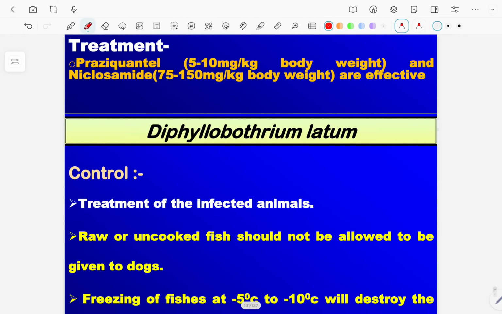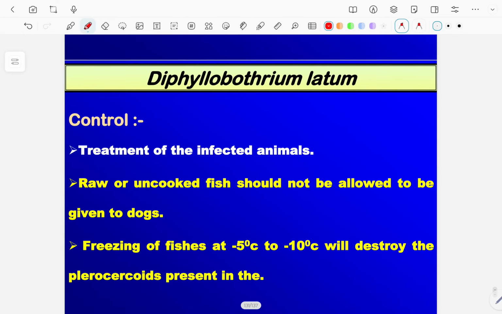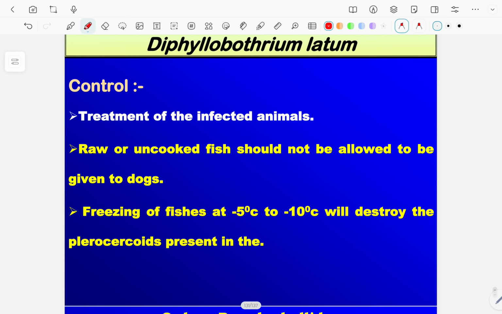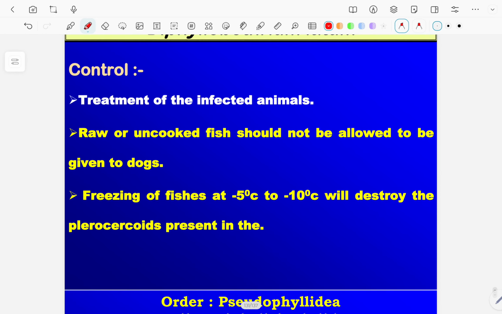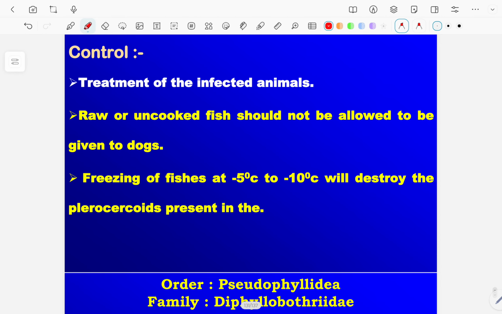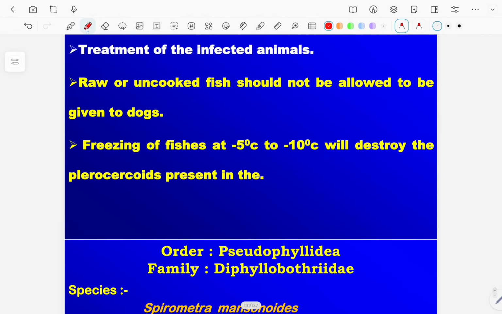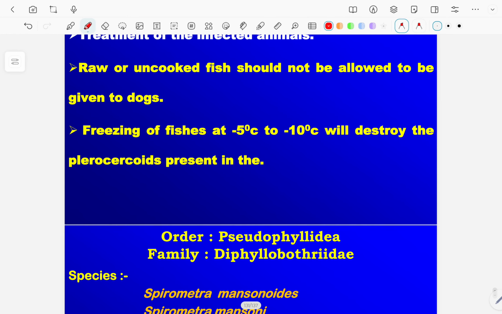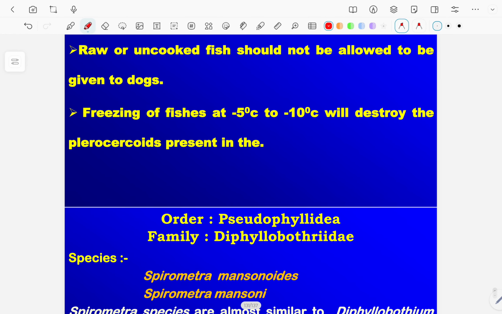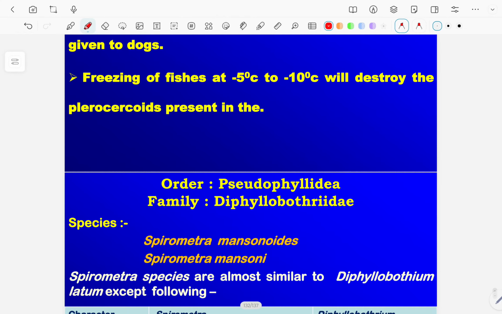Control: treatment of the infected animal. Raw or uncooked fish should not be given to dogs. Freezing of fishes at -5 to -10 degrees will destroy the pleurocercoids present in the fish.